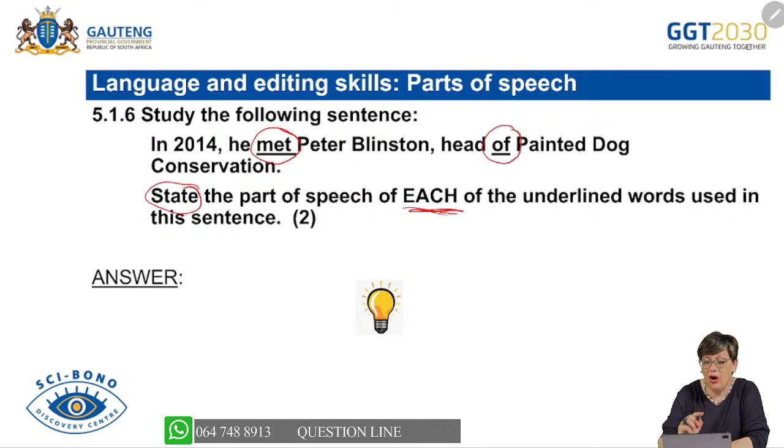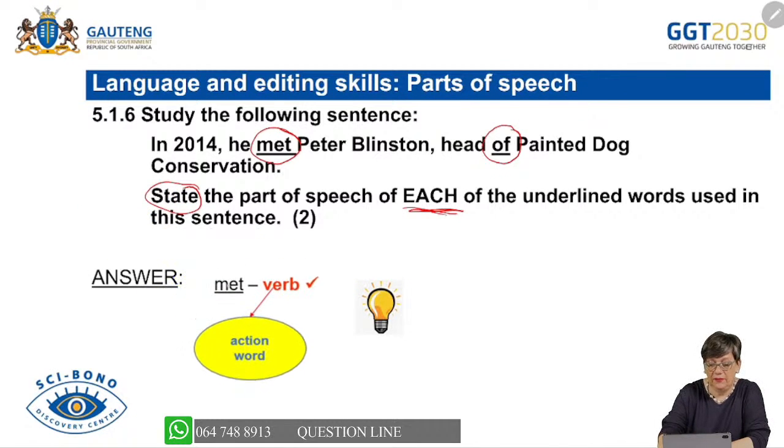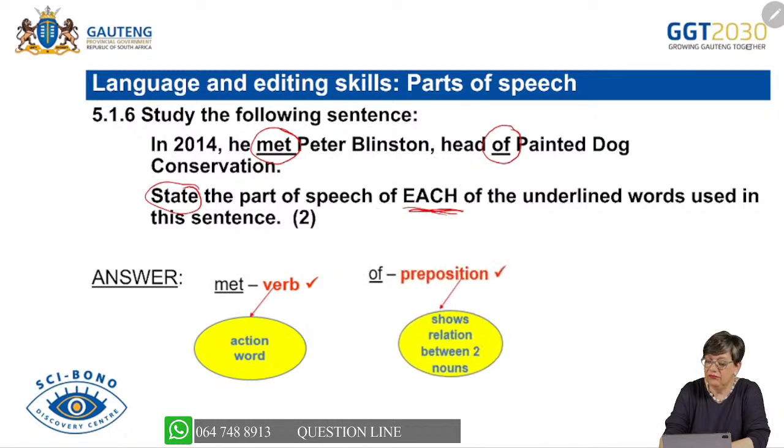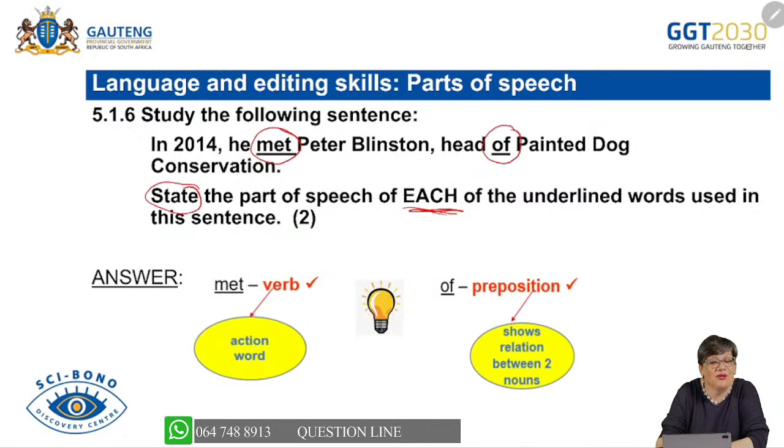So make sure your answer is very clear as well. Met is a verb. It's an action word. It's as easy as that. And of, well, of is of course a preposition because it shows the relation between two nouns. Right.